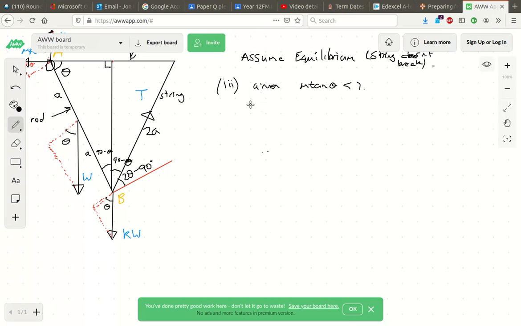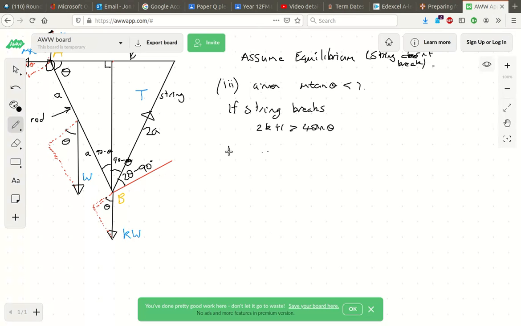Well, we already know. Let's write down what we know, but I'm going to do it slightly differently. I'm going to say, okay, if the string breaks, and that's assuming the ring doesn't slip, then we know that 2k plus 1 is greater than 4 sine theta. Yeah.